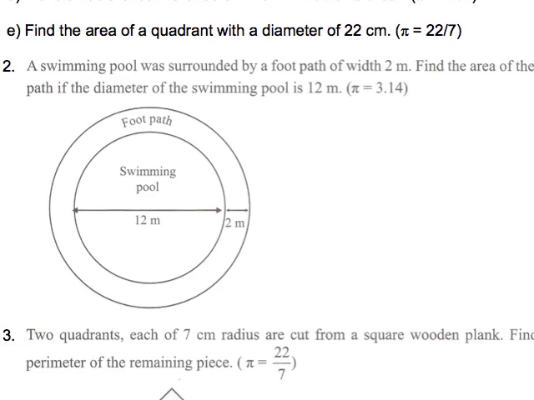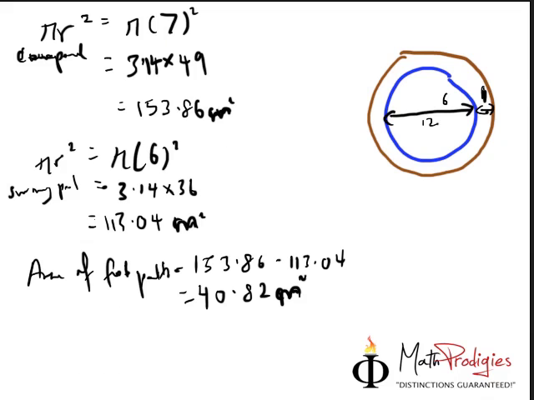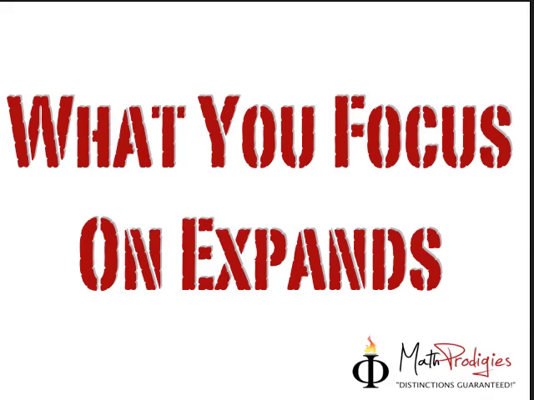Bam. And with that, I'm going to remind you of our quote of the week, which is: what you focus on expands. If you think circles is easy, guess what? It's going to become easy. Let me ask you a question: in school, what kind of subjects do you like? You will usually like the ones that you do well in. For example, if you are good in science, you're going to get your answers right and get a high score.